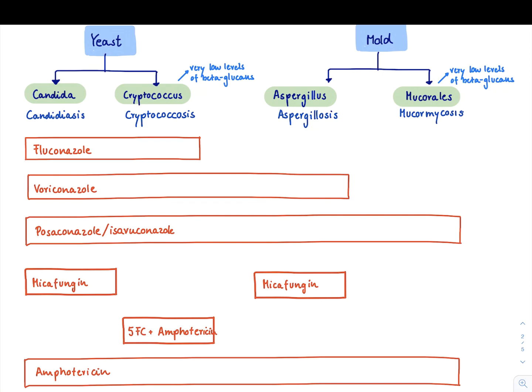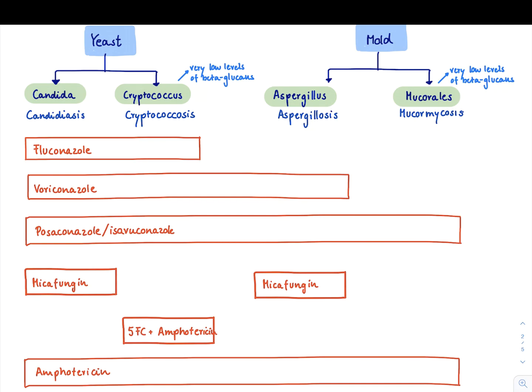But then when they developed the later ones, voriconazole, we got already Aspergillus coverage. And then with the newest ones, posaconazole, isavuconazole, we got basically pretty broad-spectrum antifungal medications and cover even Mucorales. Now, amphotericin is probably the broadest-spectrum antifungal medication, covers basically everything.